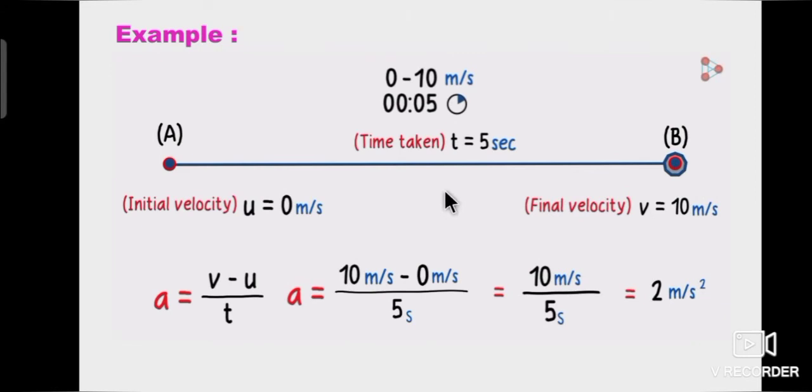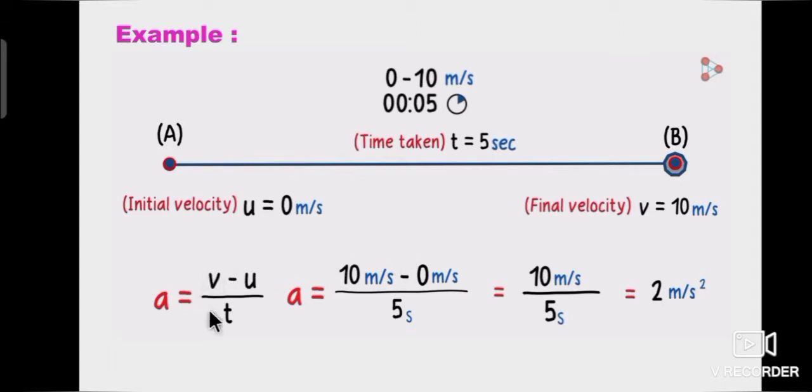Let's see the example. An object moves from point A and velocity is 0 meter per second. At point B, velocity is 10 meter per second. Also the time taken from A to B is 5 seconds.